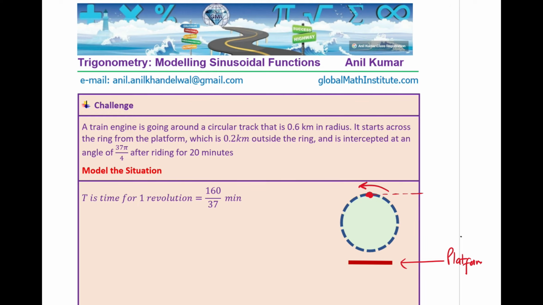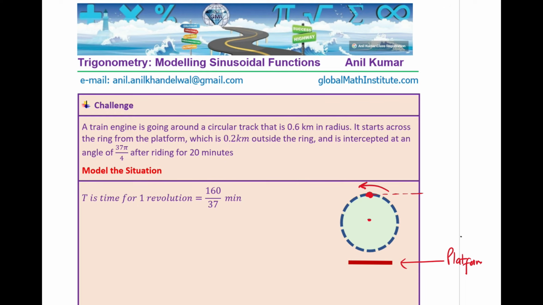Assuming it's moving in this particular direction, it is moving in the counterclockwise direction, which is taken as positive. Assuming that it is moving in the counterclockwise direction, and that is the maximum distance from the platform. We need to model the distance from the platform at any instant of time, time being measured in minutes.